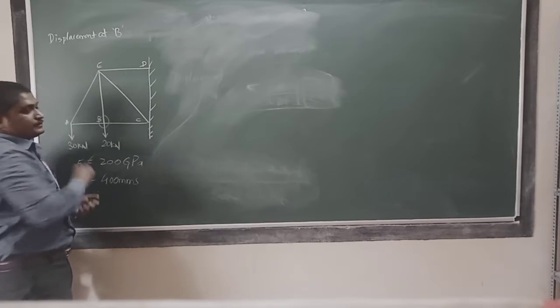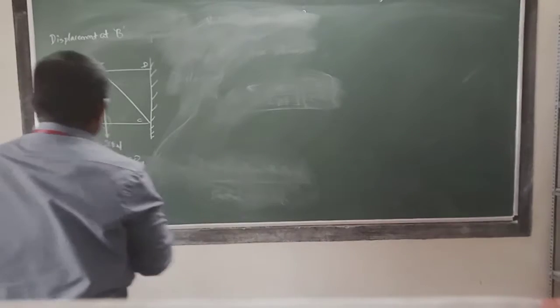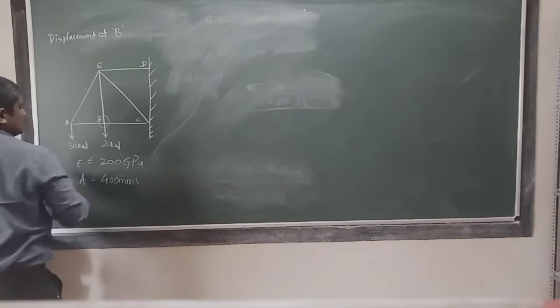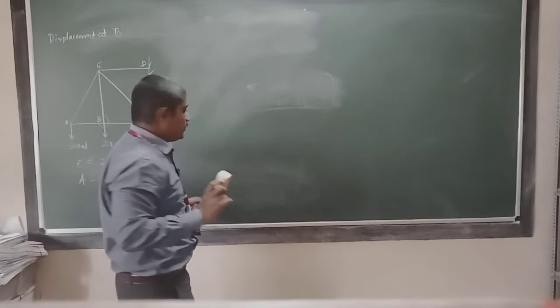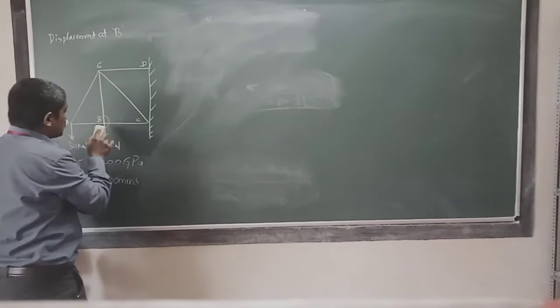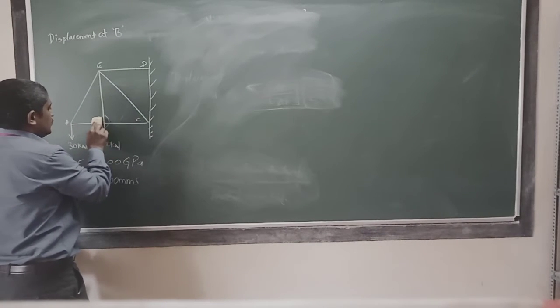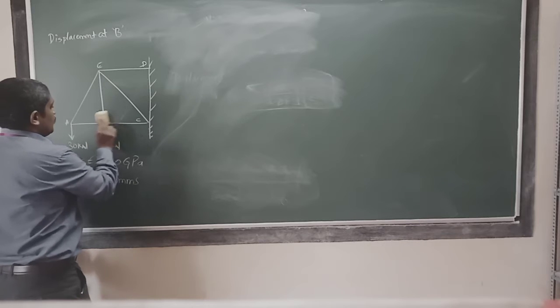At this point. Okay, this same problem we have solved by the virtual work principle also. I am giving the same problem just to show you how it is different from the virtual work principle.